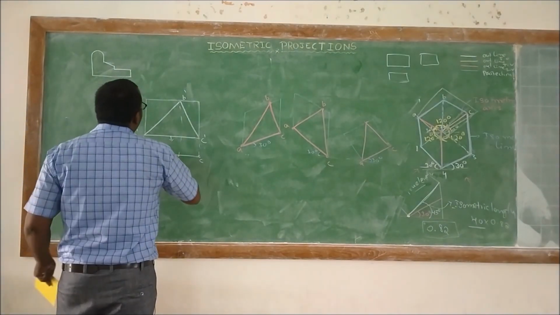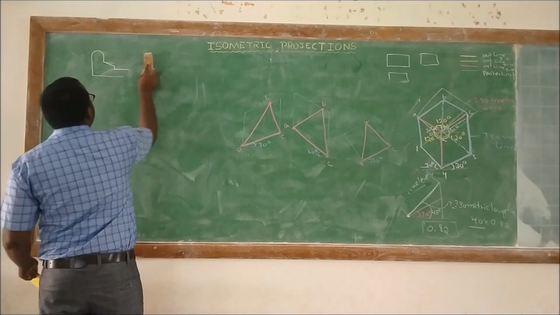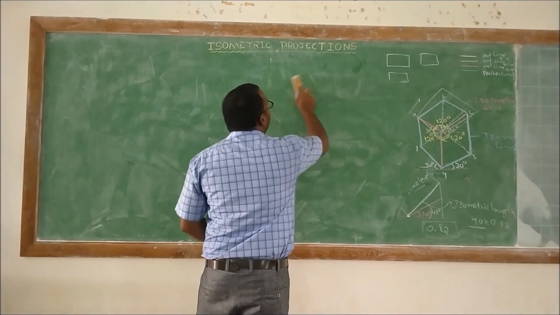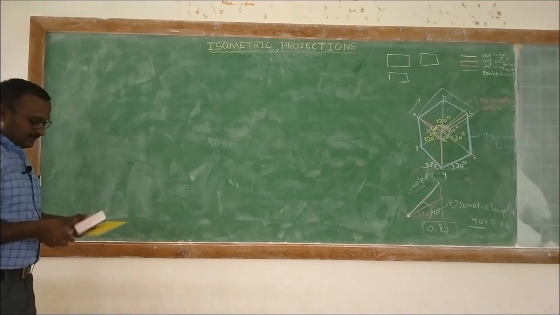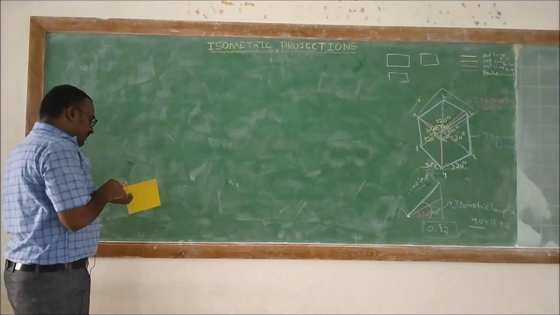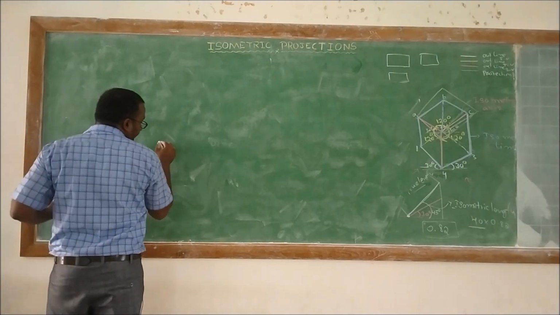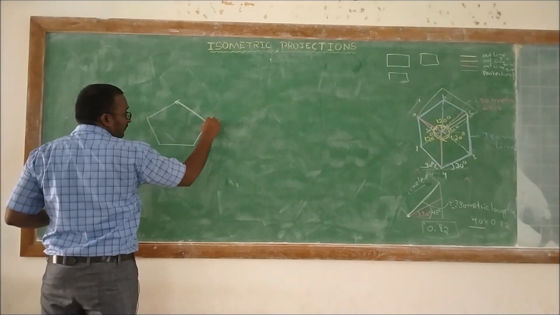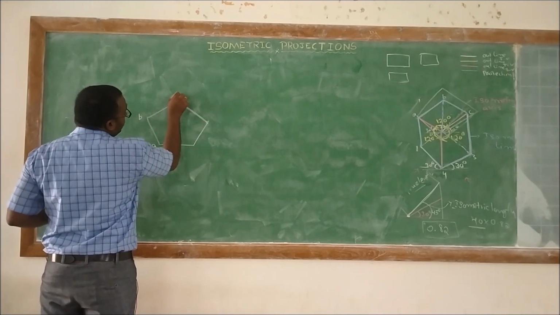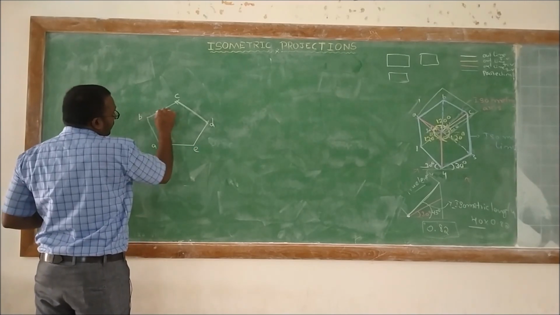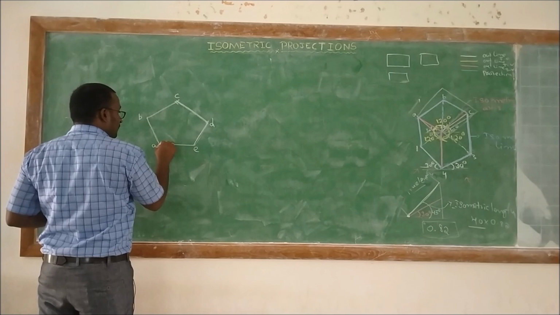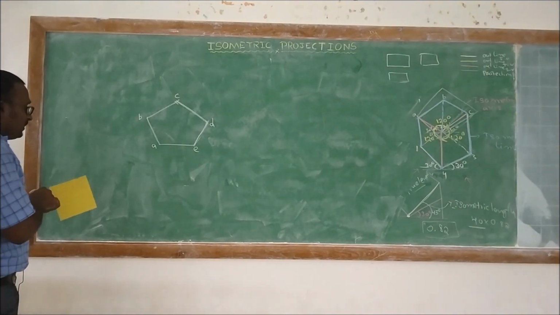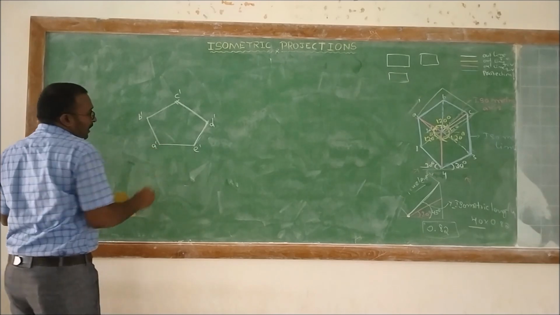Right, now we will see one more problem on non-isometric lines. Let us say we have a pentagonal polygon, a pentagonal surface, with vertices A, B, C, D, E. So this is the front view of the given orthographic problem.